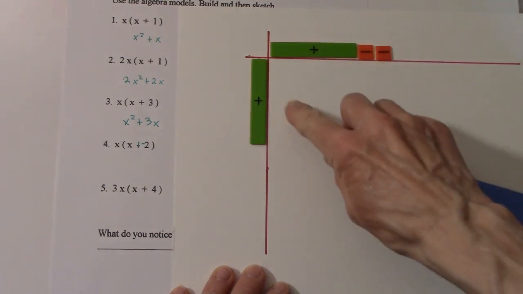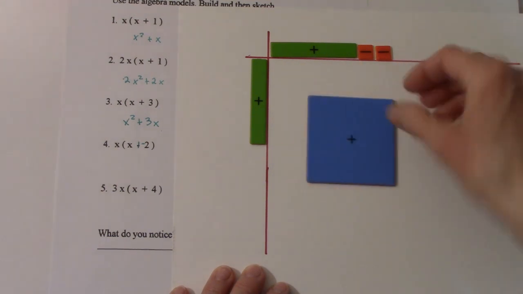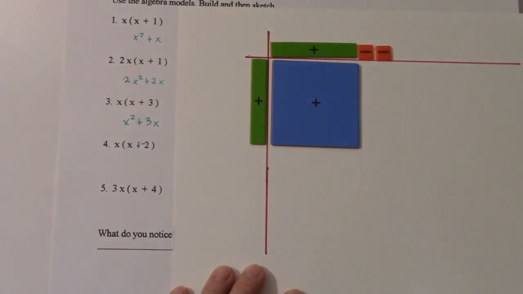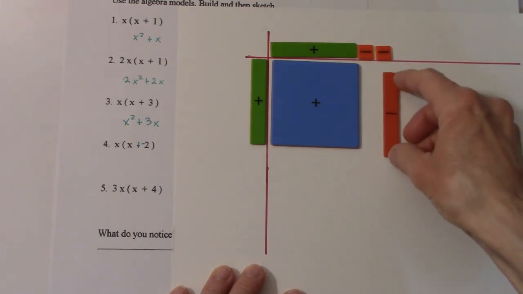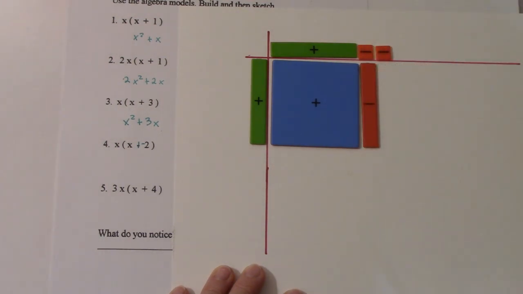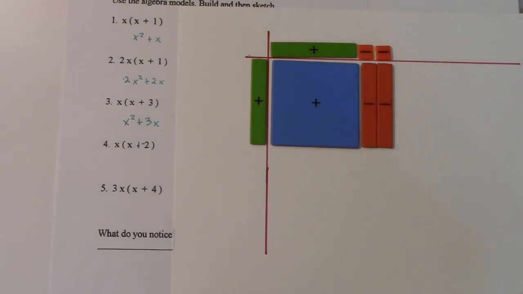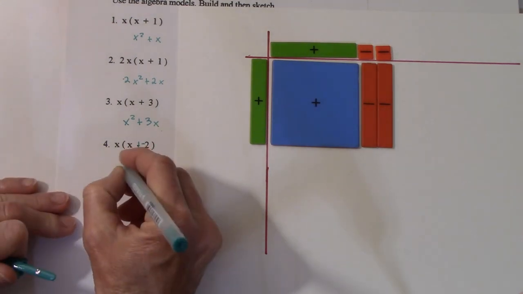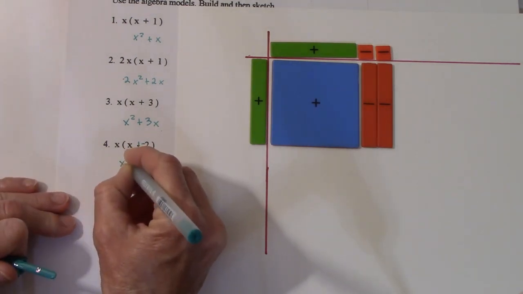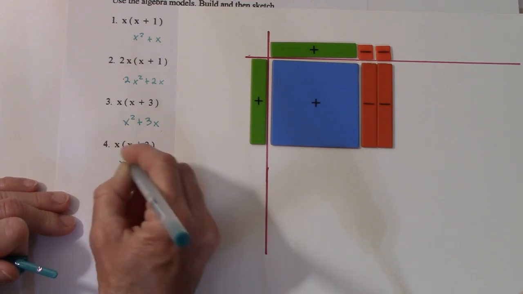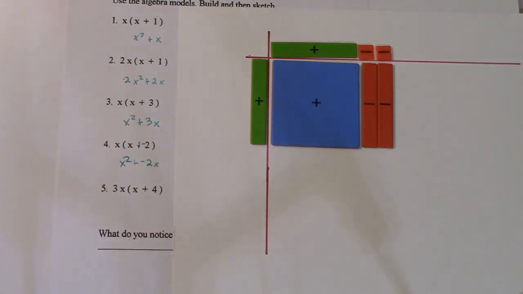Here's my x. X times x is x squared, and x times negative 1 is negative x. And x times negative 1 is a negative x. So I see here I have x squared plus negative 2x. Okay, I'm going to stop there.